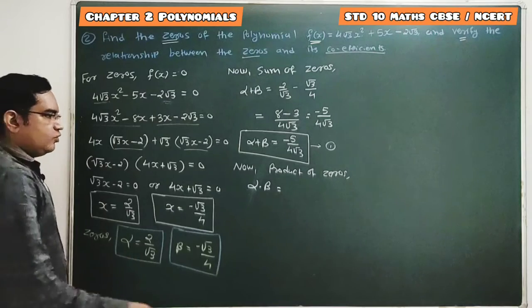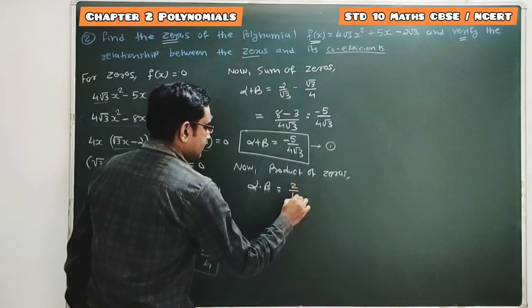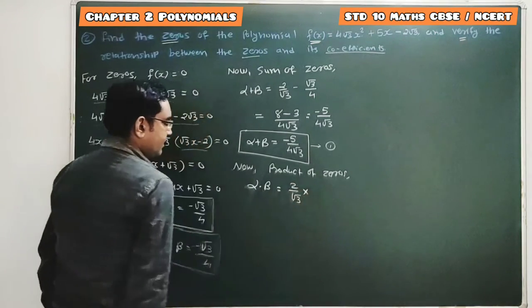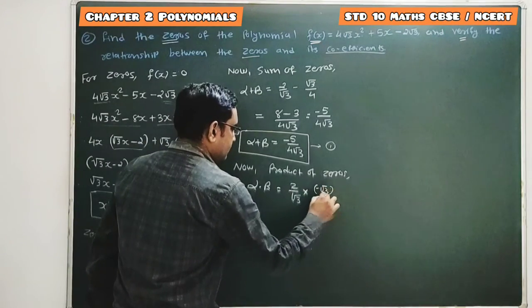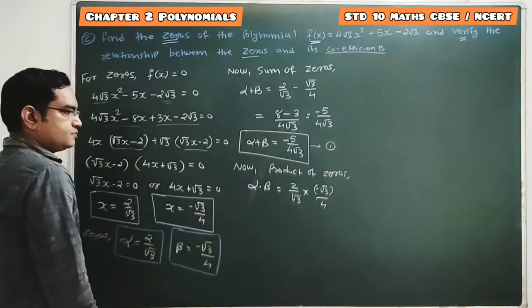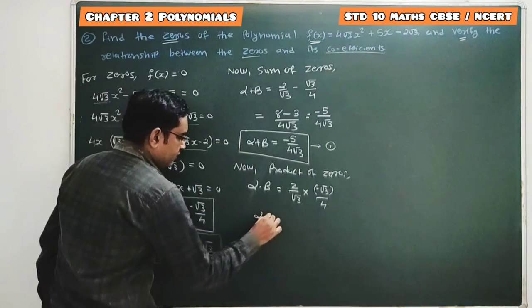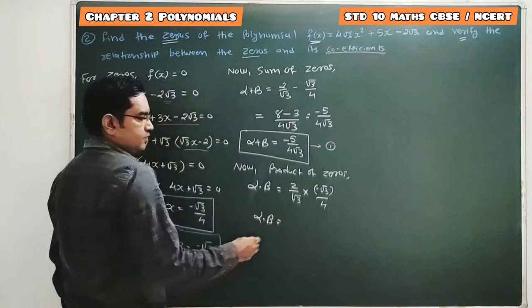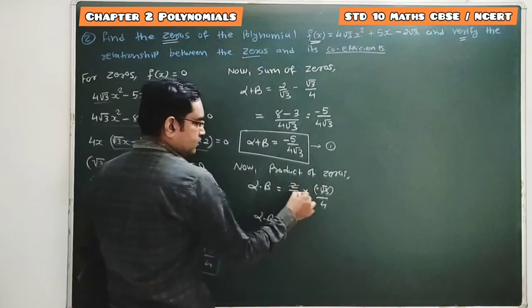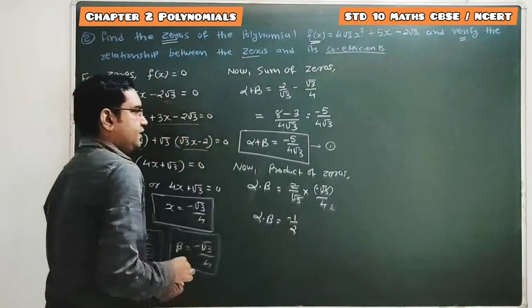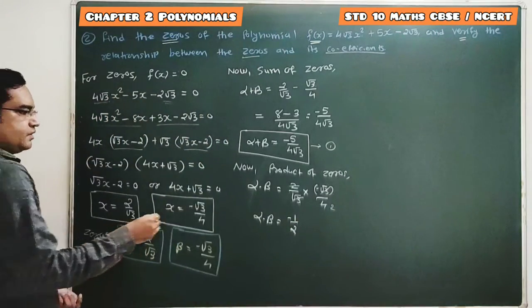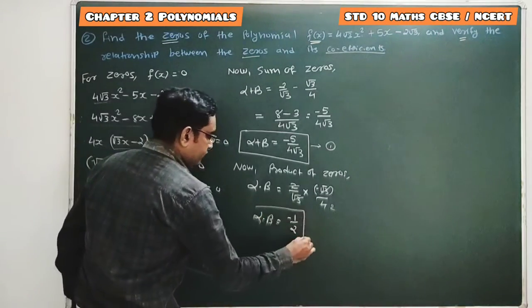So alpha is 2 by root 3, multiplied by minus root 3 by 4. So here the product of zeros alpha into beta: root 3 will be cancelled out, 2 twos are 4, minus sign is there. So it's minus 1 by 2. This is our product of zeros.